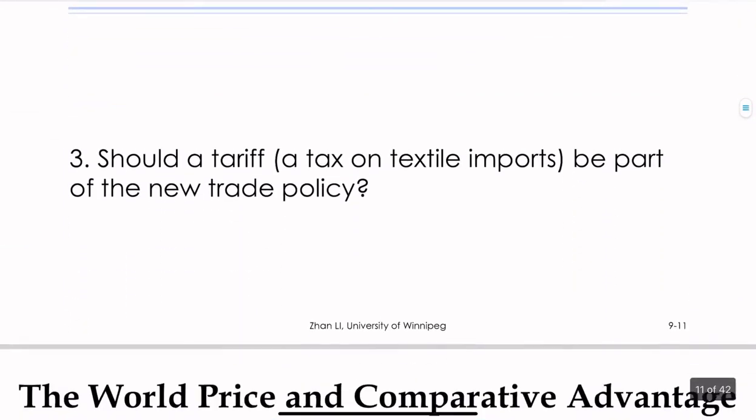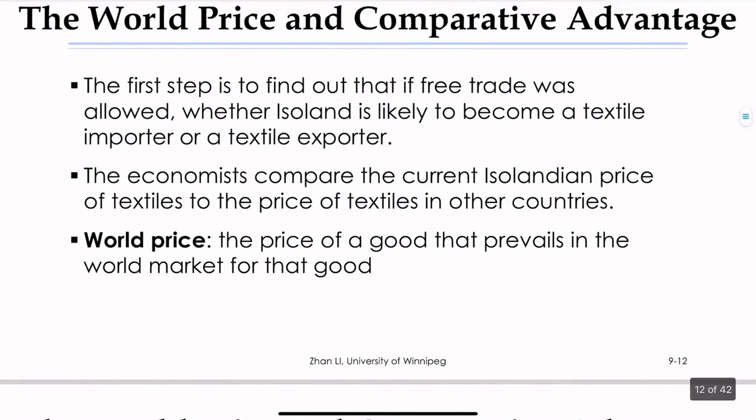Third, should we impose a tariff on textile imports, right? Again, a tariff is essentially a tax, right? So let's start with the first question, right? How would the domestic market price and domestic quantity change if international trade is allowed?